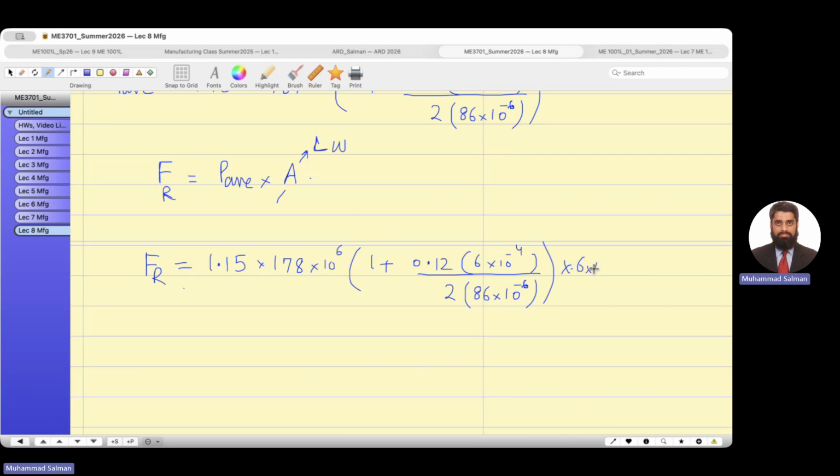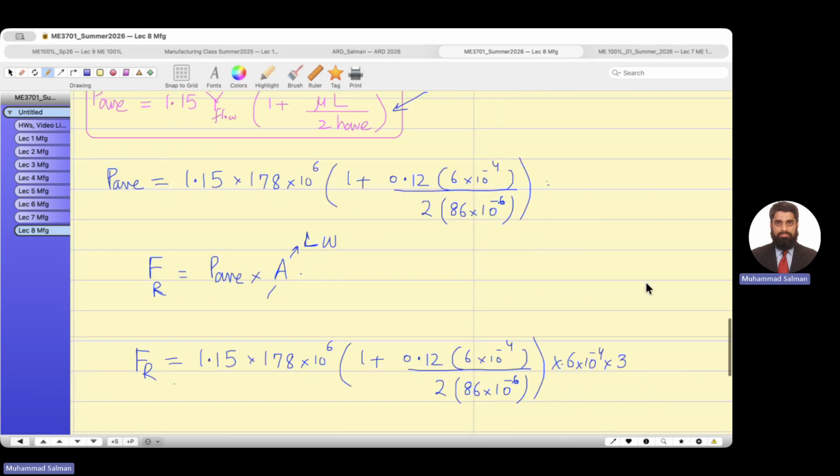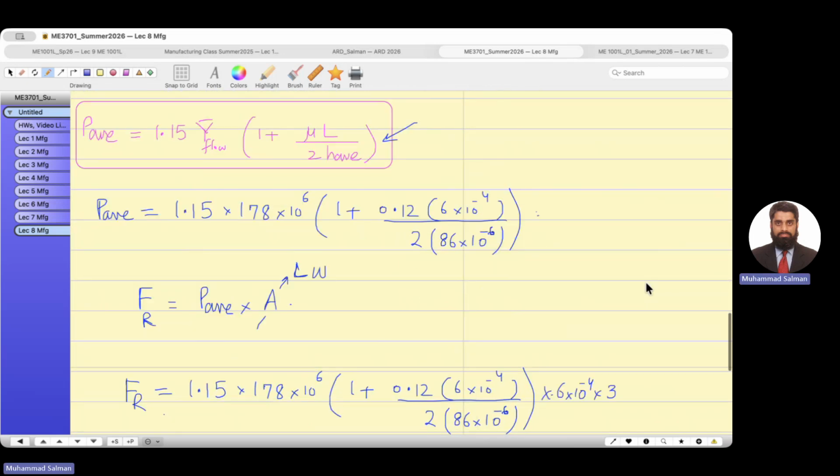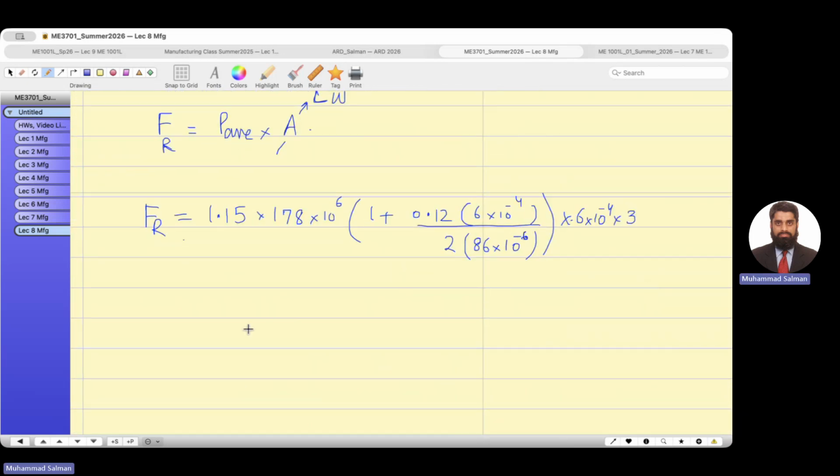Six into 10 to the power negative 4 times the width 3 meter. If you solve for this, the force applied by each roller is 523 kilonewtons.